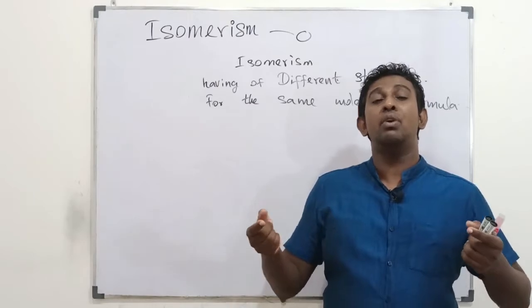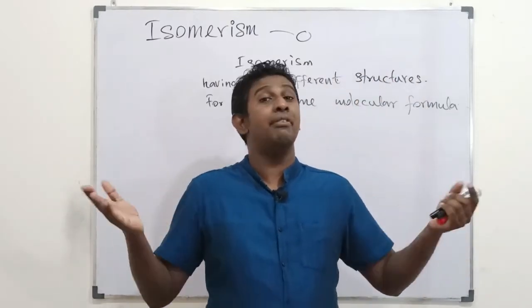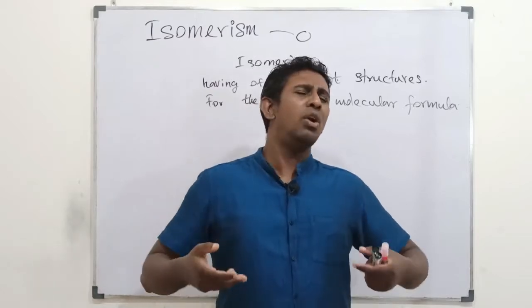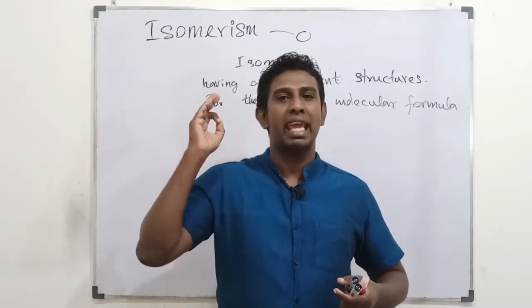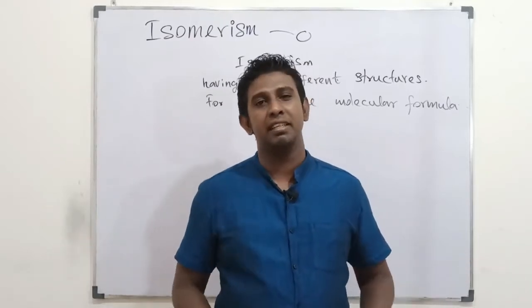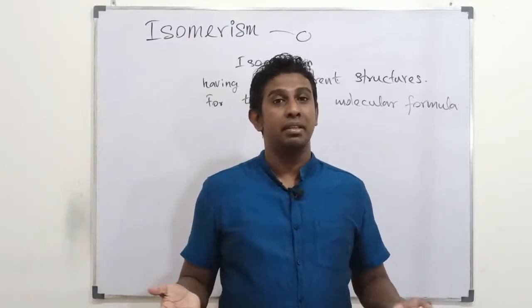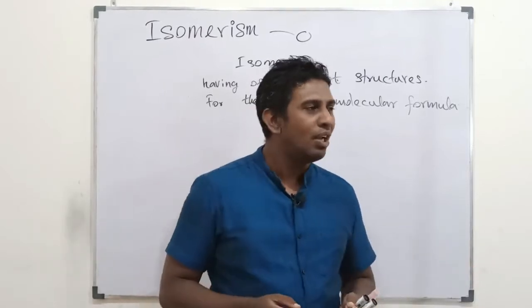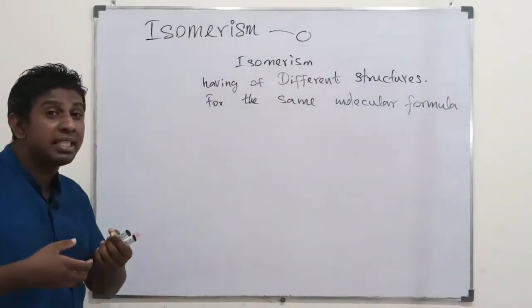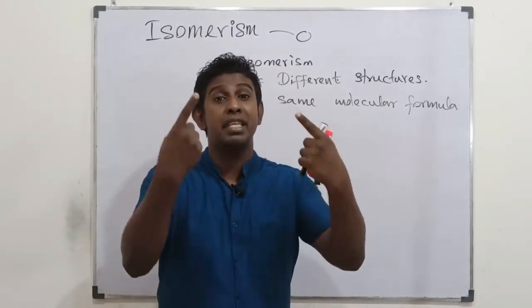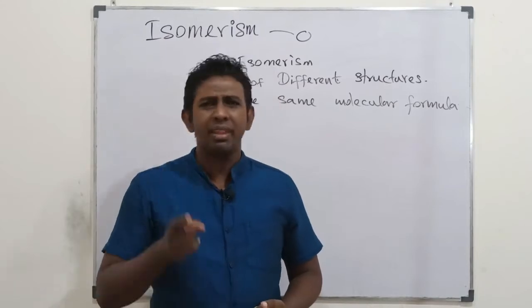Only then could we develop this awareness of all those organic substances, and communicate healthily with others regarding the substance we need. That's why we learn this. What? Isomerism. This is the definition: having different substances representing the same molecular formula.